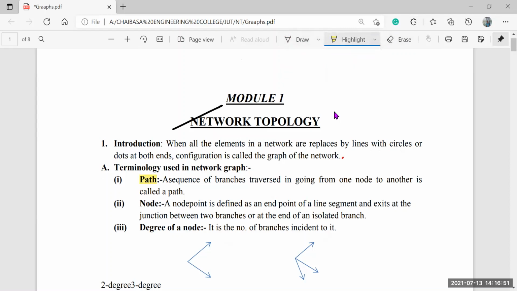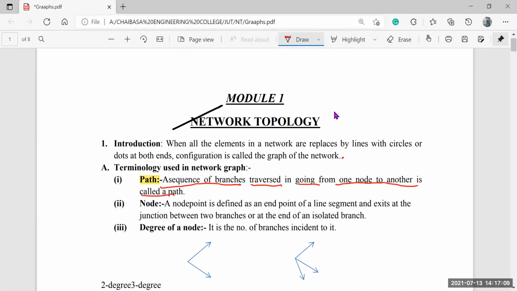First is the path. What is a path? Path is a sequence of branches traversed in going from one node to another is called a path.